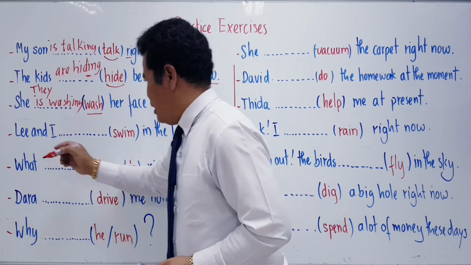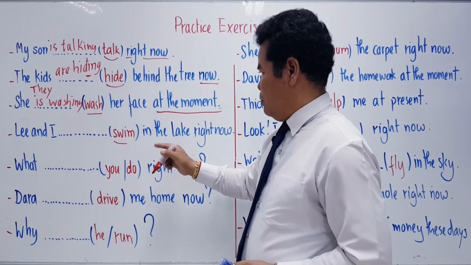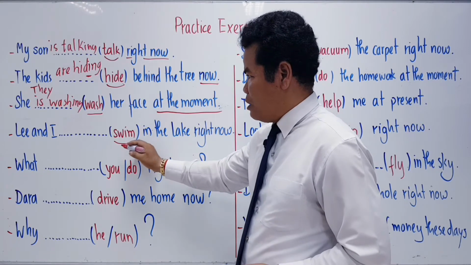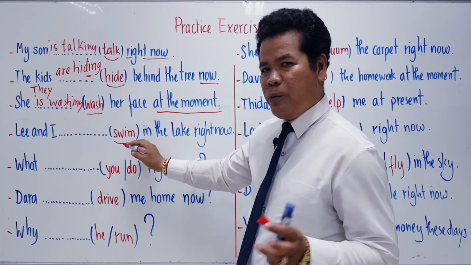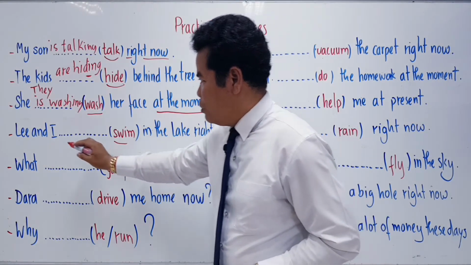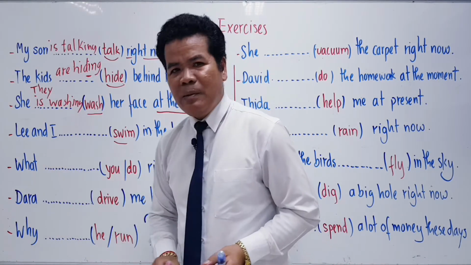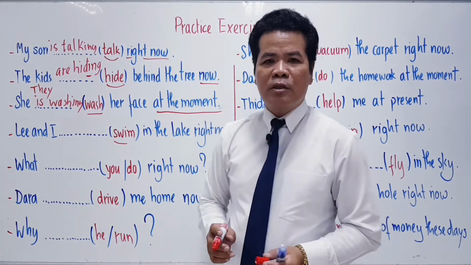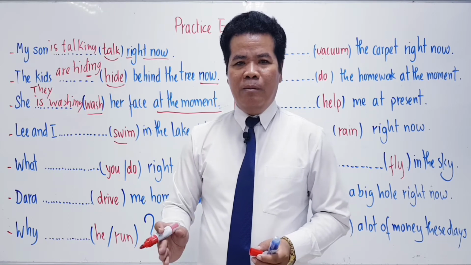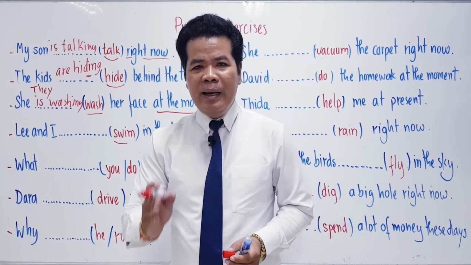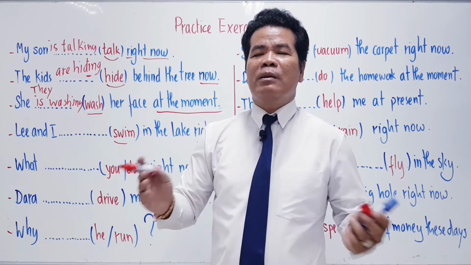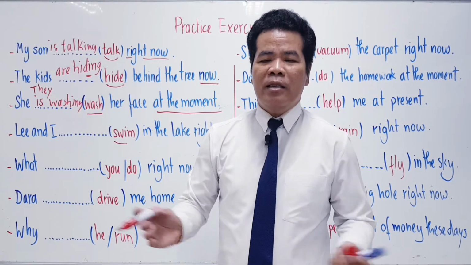Lee and I swim in the lake right now. So swim is the verb that we are going to make into present progressive. Alright? So what is that? Do not see subject I and put am straight away. Before you make the right form, you have to think clearly about what kind of subject that is.